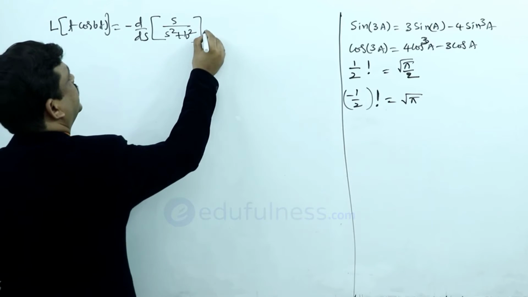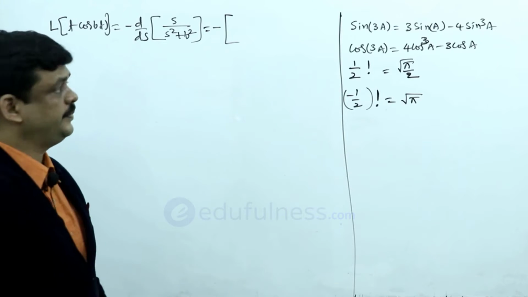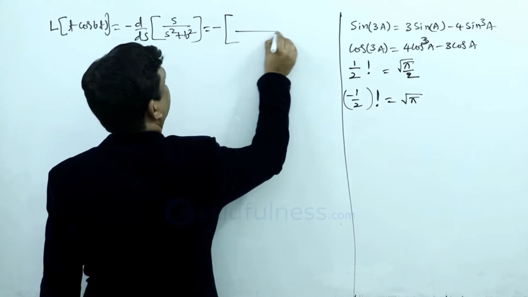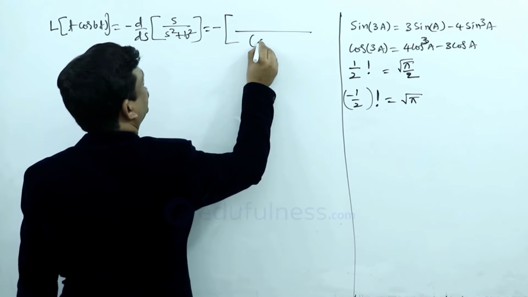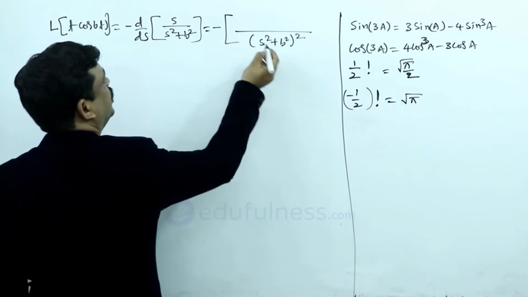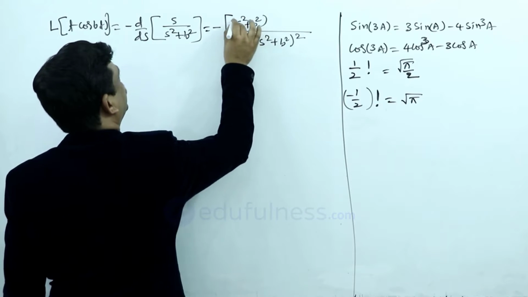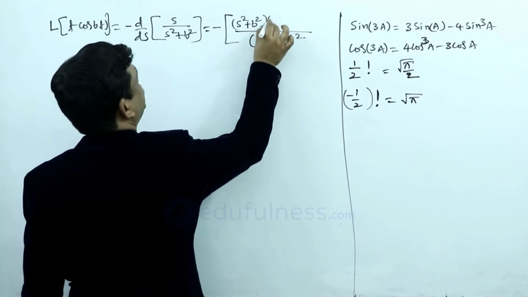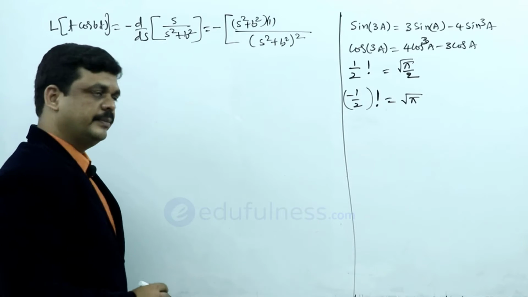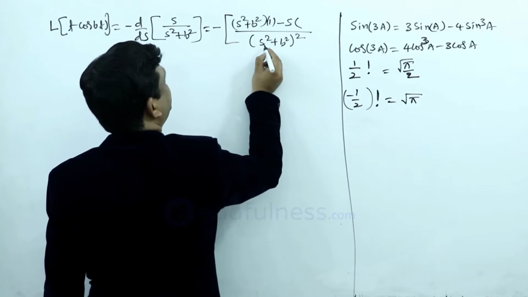So apply here the differentiation of u by v formula. It gives v square in the denominator, so 1 by (s square plus b square) whole square, into v du minus u dv. V is s square plus b square, into the differentiation of u, which is 1, minus u into the differentiation of v.